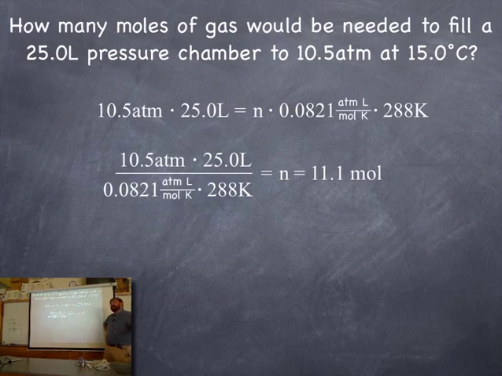Why would moles be useful for us? So yeah, we could convert that into a mass, grams. But we could also do what kind of problems? Stoichiometry problems. If we had gases reacting, I have to know how many moles of gas are reacting. And then we could talk about how much product was formed, how much reactants are needed.